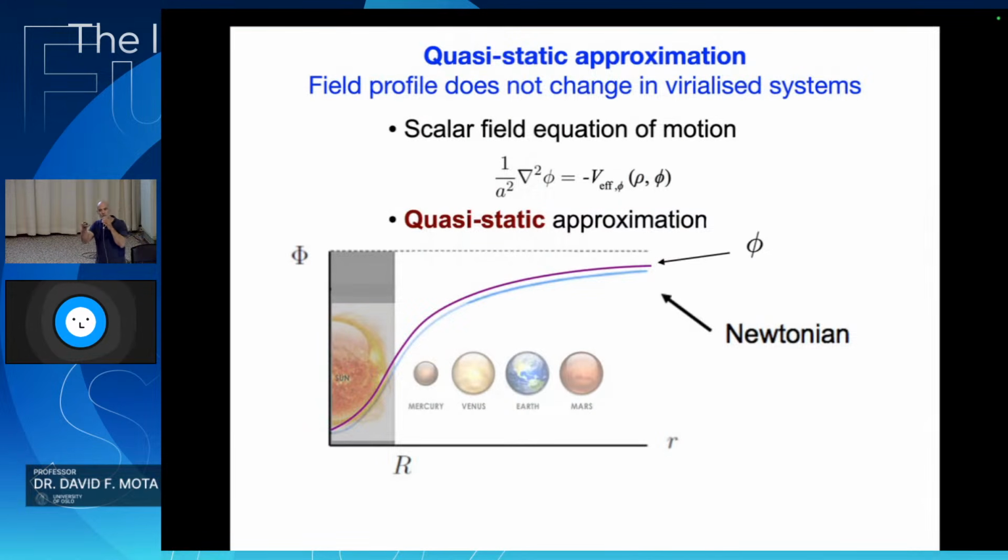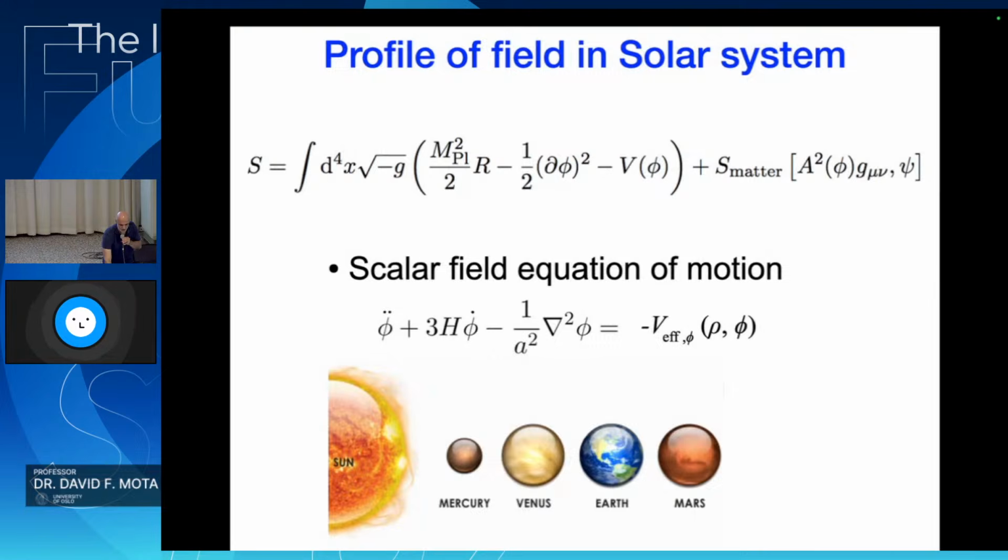And what people usually do, and that's where the big problem in fact is, is that people assume the quasi-static approximation. So when they solve the Klein-Gordon equation for the scalar field, they neglect the time derivatives and only consider the spatial derivatives. So the Klein-Gordon equation is not just that, it also includes time derivatives there.